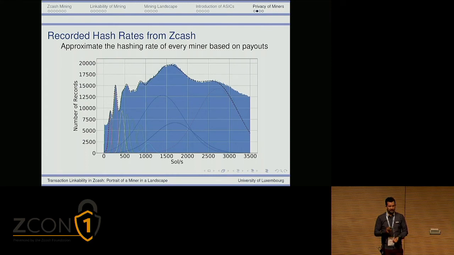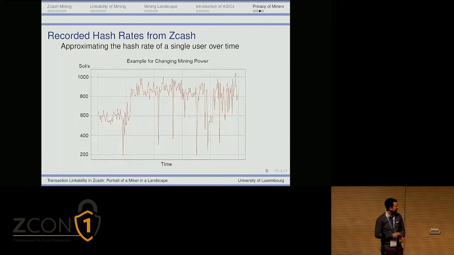And finally, let me talk about one more topic very quickly, which is the privacy of a single miner. On this graph, we have tracked a single randomly chosen miner's mining power just based on the payout value, the payout transaction, nothing else, we didn't look into the mining pool website or anything like that.